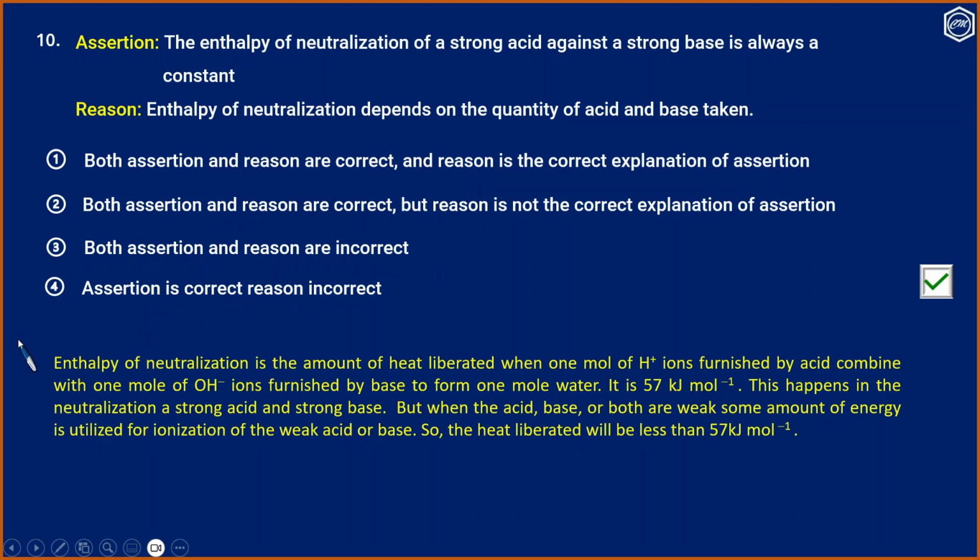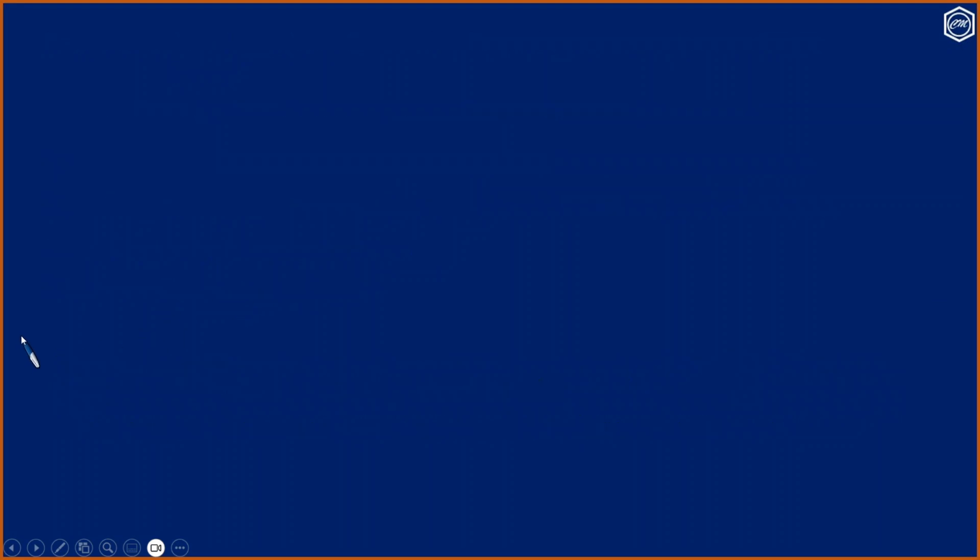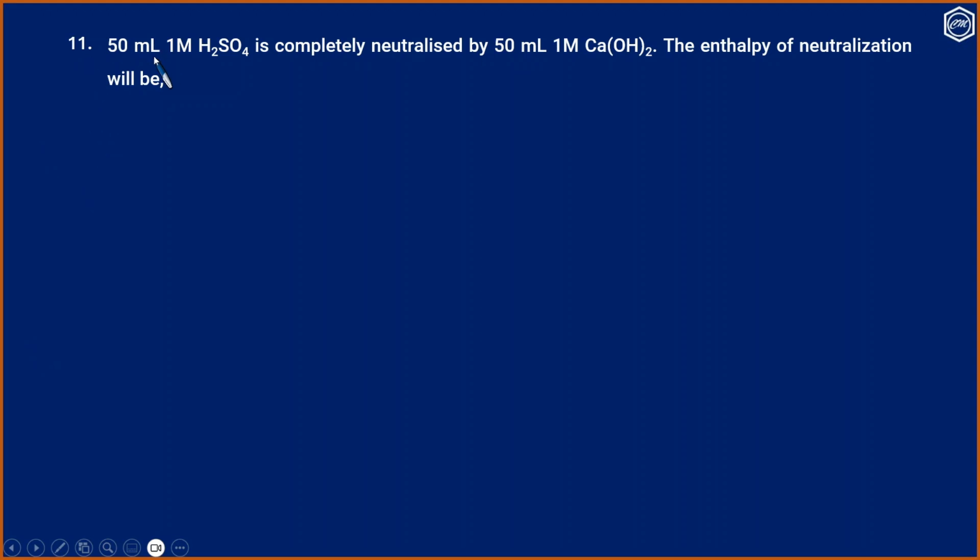Question number 11. 50 ml 1 molar H2SO4 is completely neutralized by 50 ml 1 molar calcium hydroxide. The enthalpy of neutralization will be: option 1, 57 kilojoules per mole; option 2, minus 57 kilojoules per mole; option 3, minus 53 kilojoules per mole; option 4, 53 kilojoules per mole.